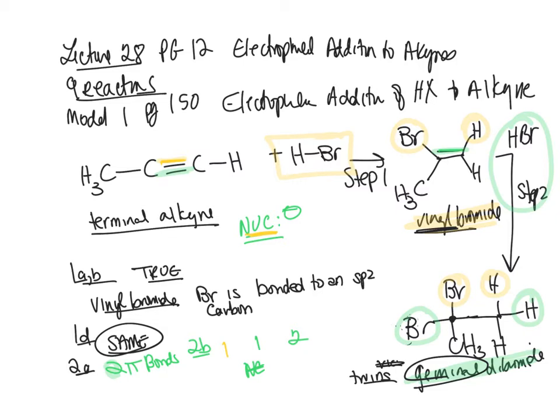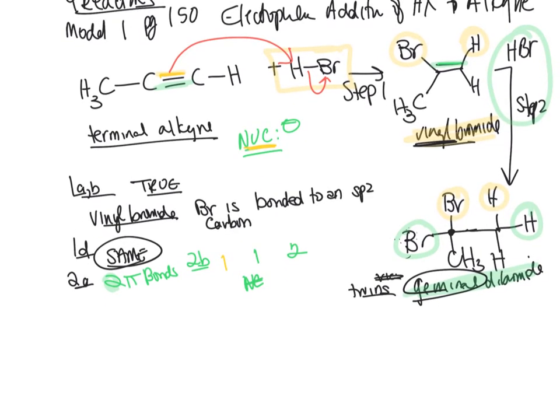So compare the reaction. In your groups, discuss what is similar in these reactions to the alkene. Okay, so basically this pi bond is going to bond. HBr is acidic. I think this is the next question as well, so we'll just go ahead and show you what the concept is leading up to. So when you draw this with HBr, those pi electrons go here, those electrons go there.